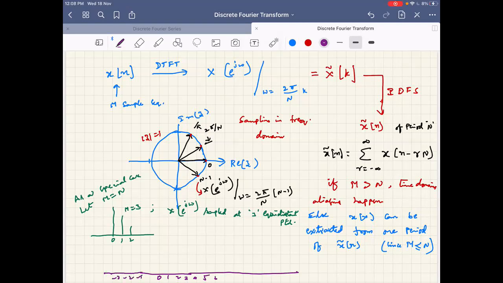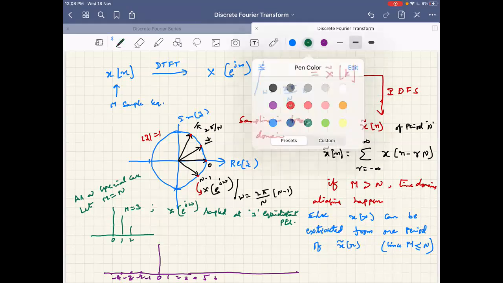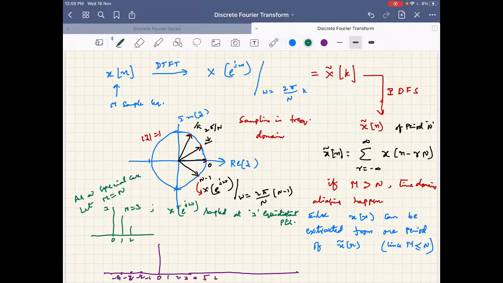What is the nature of x tilde of n? x tilde of n is periodic, so it should keep repeating. Sorry, we missed -4. Let us start here with magnitude 3, then 2 and 1.